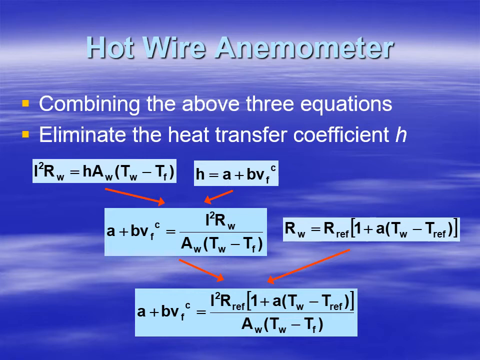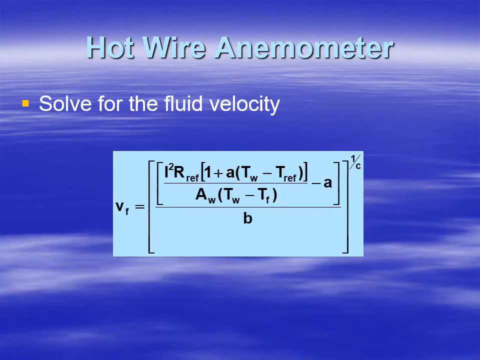Also, we'll stick into the equation the resistance of the wire as a function of temperature. And at the bottom, what you see is an equation that relates the wind speed to the resistance of the wire, the current, and also the temperature and the area of the wire. So we'll rearrange that, raise it to the 1 over c, and that gives us the wind velocity.